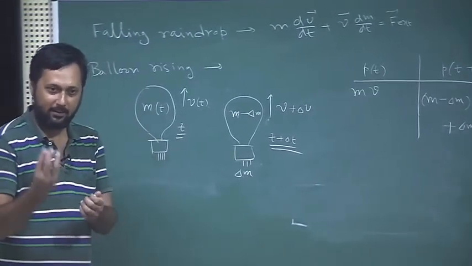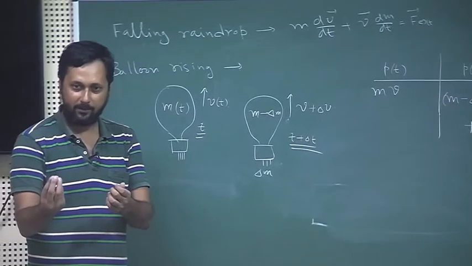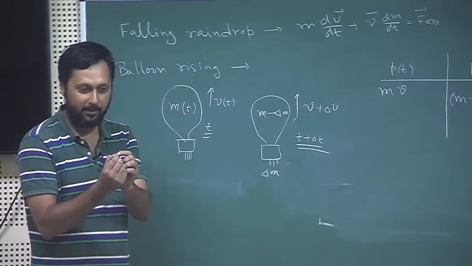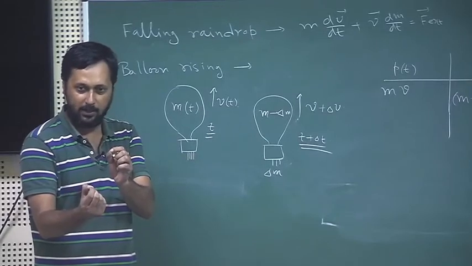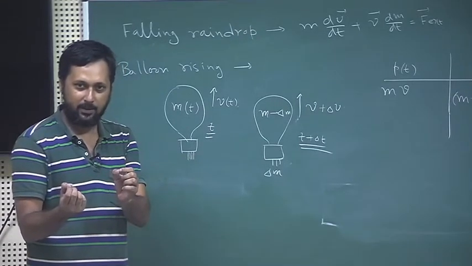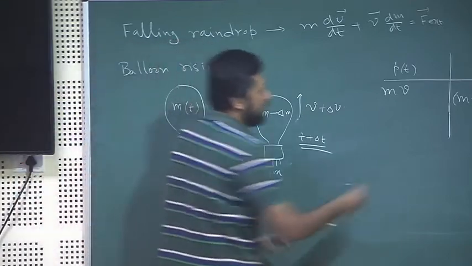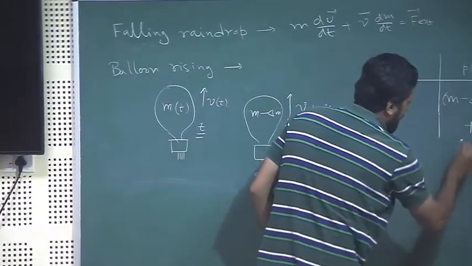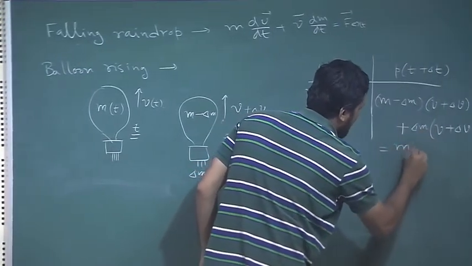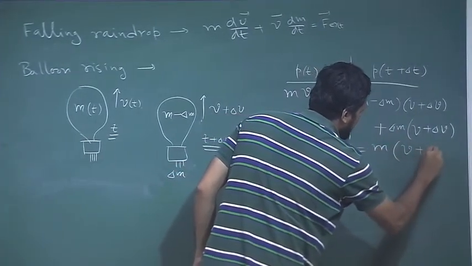So, the sand got released from the balloon in a slow manner. The moment the sand particle leaves the balloon body, it has the exact same velocity. So, if we look into this equation, these two terms cancel out, which leaves us with v plus delta v.